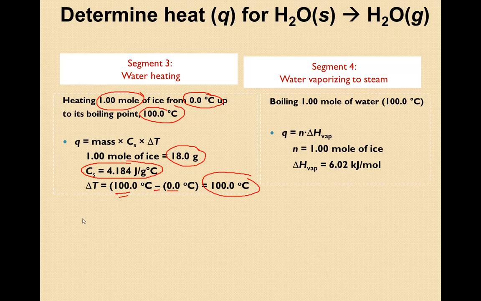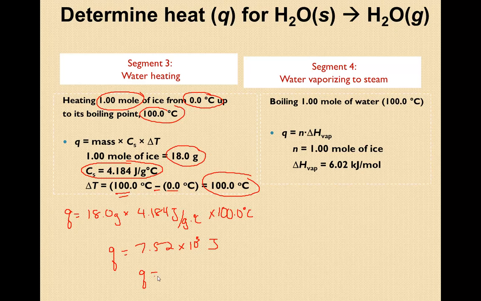So Q is equal to the mass, 18.0 grams, times 4.184, the specific heat, times 100 degrees Celsius. Multiply that all together, and that comes out to be 7.52 times 10 to the third joules, or 7.52 kilojoules.